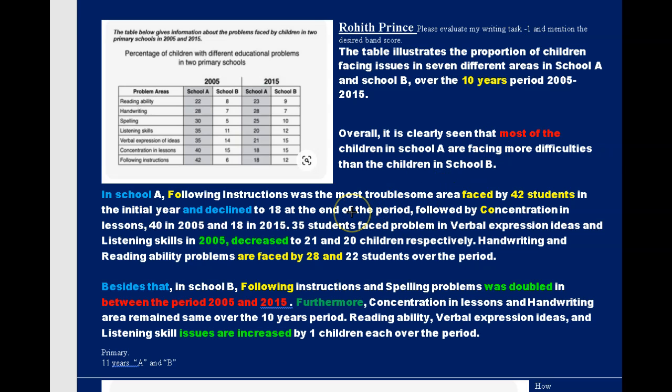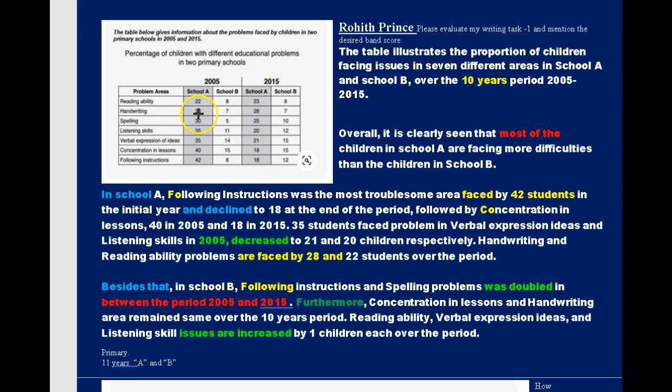Overall, it can be clearly seen that most of the children in School A are facing more difficulties than the children in School B. That use of "most" is problematic. Would you say that most of the children in School A are facing problems?